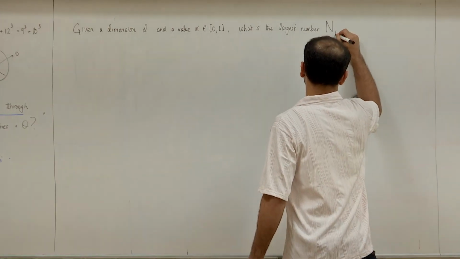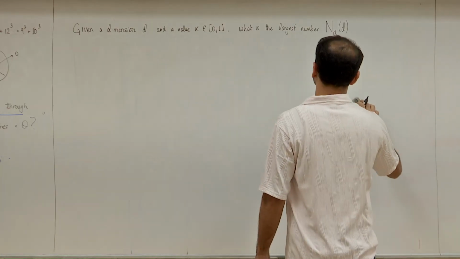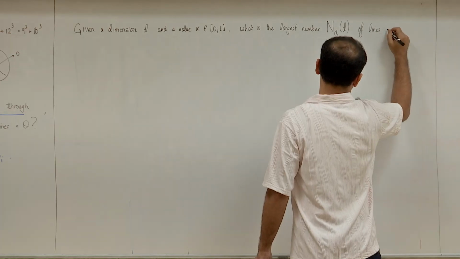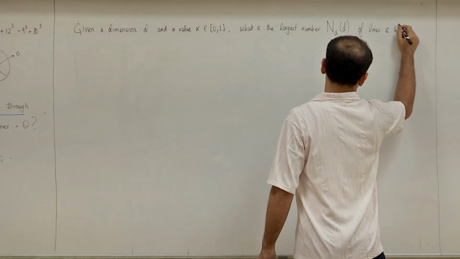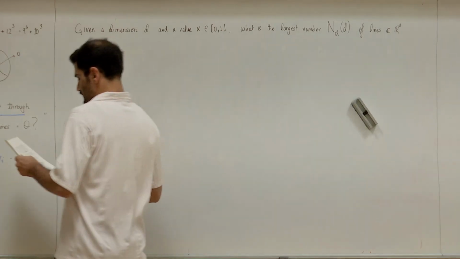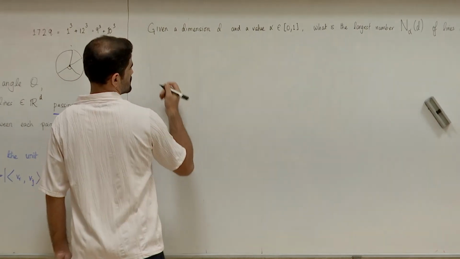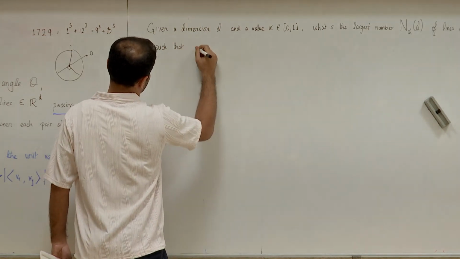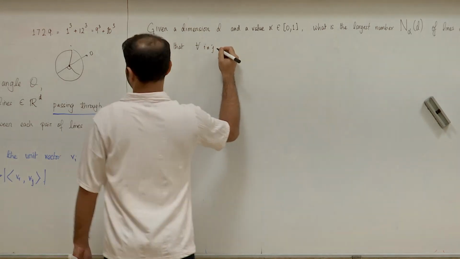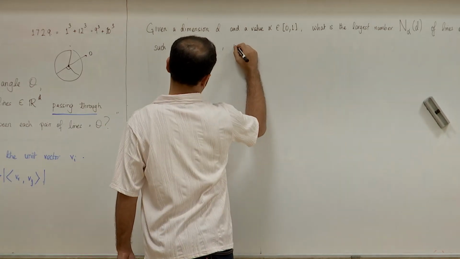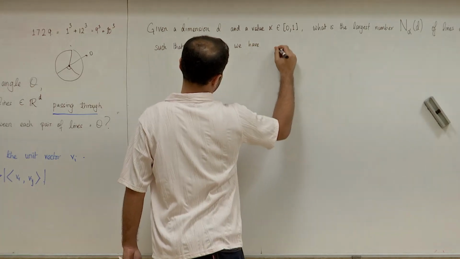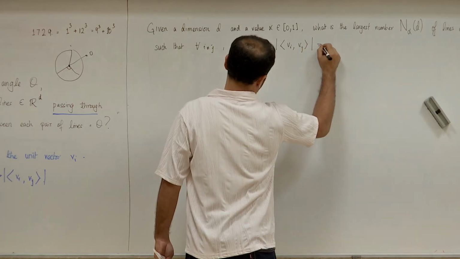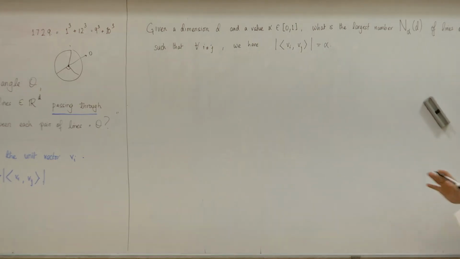Let's call it N(alpha, D), the number of lines in R^D, so these lines such that for all i not equal to j, I'm writing the same thing, the absolute value of the inner product is alpha.